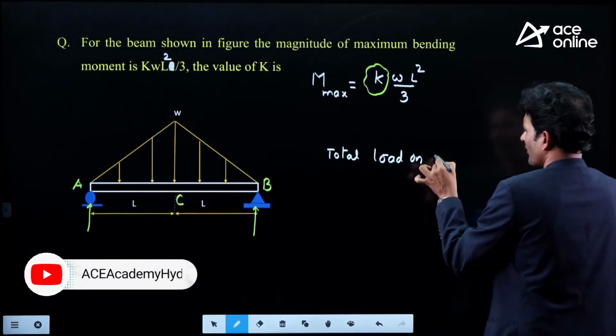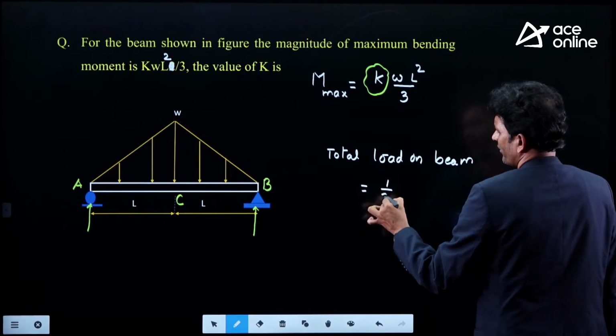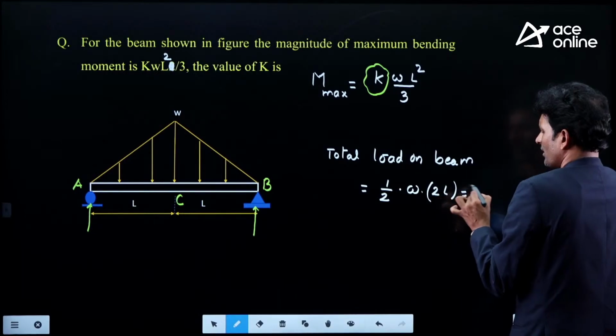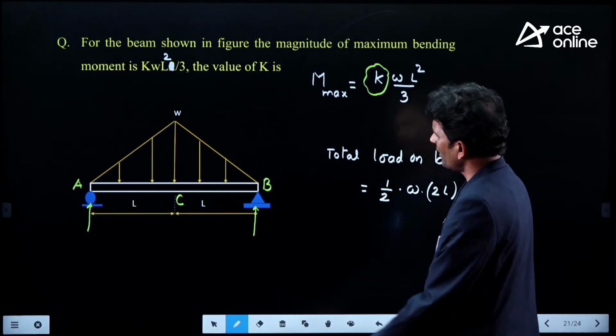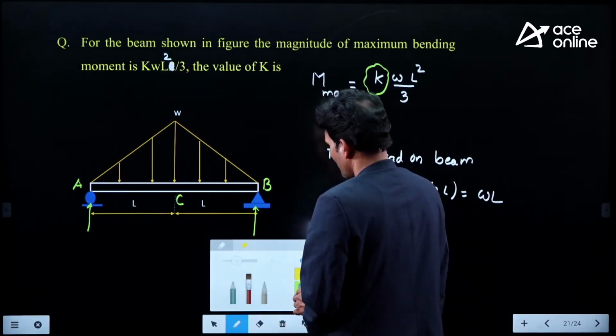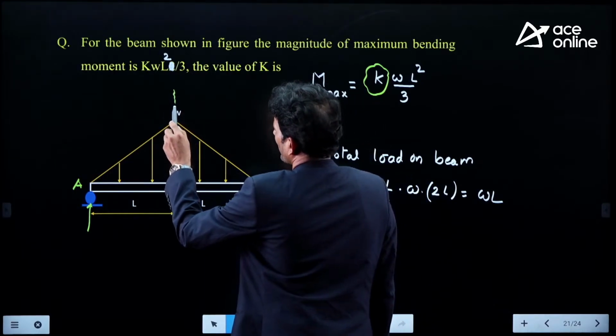The area of the triangle gives the total load on the beam. It should be equal to half into omega into the total length of the beam, 2L. The 2 gets cancelled, so it is omega L. That omega L passes exactly through the centroid of this triangle.